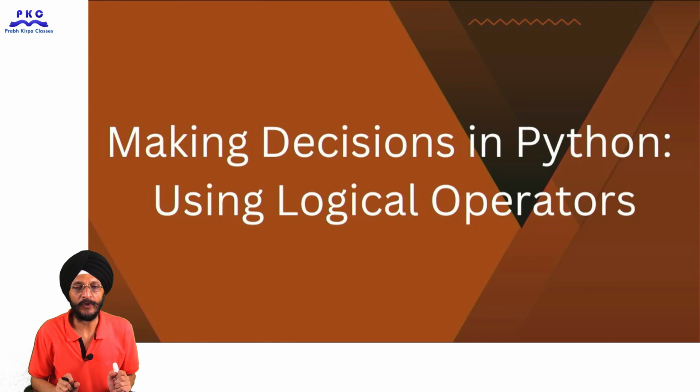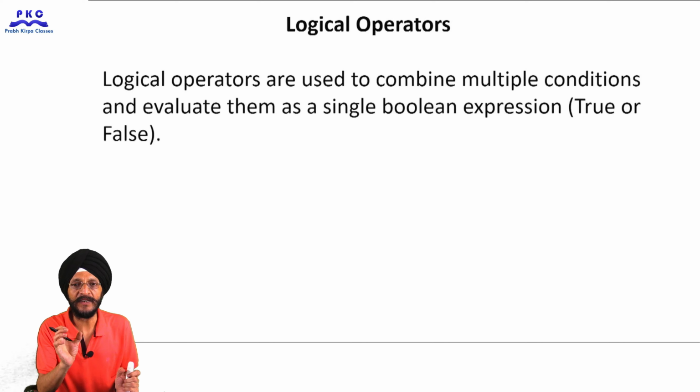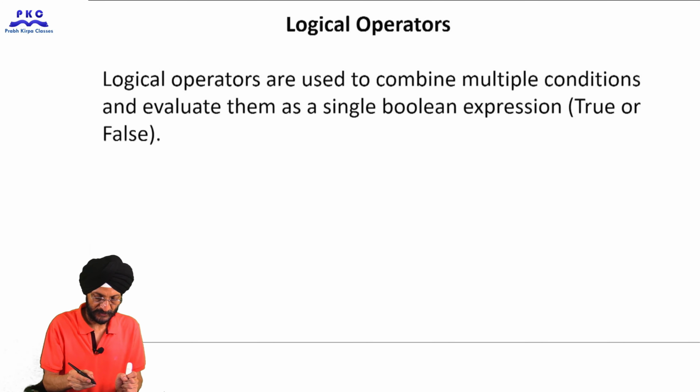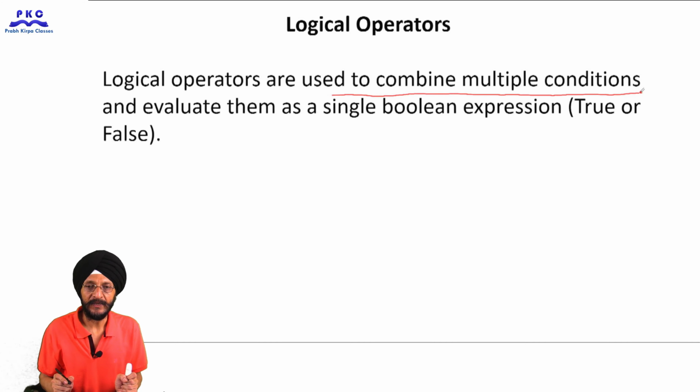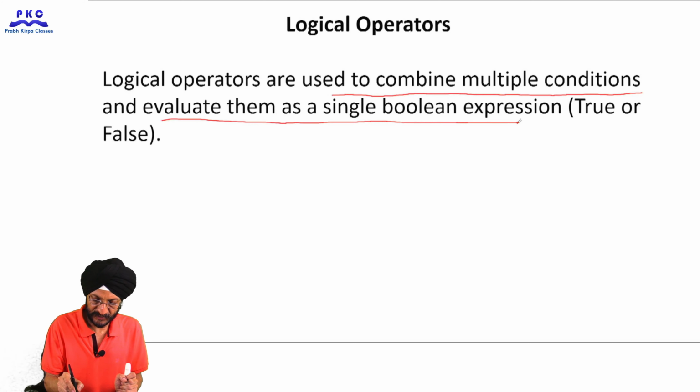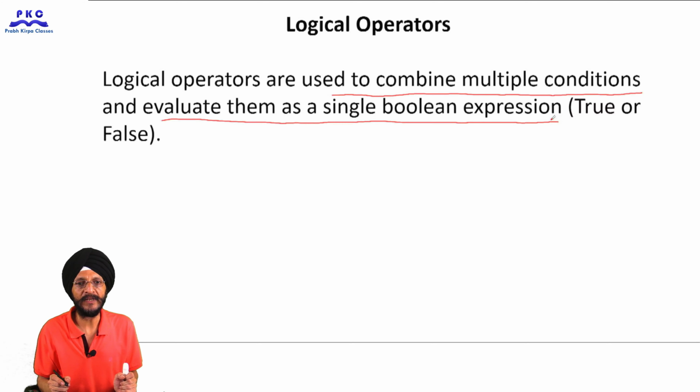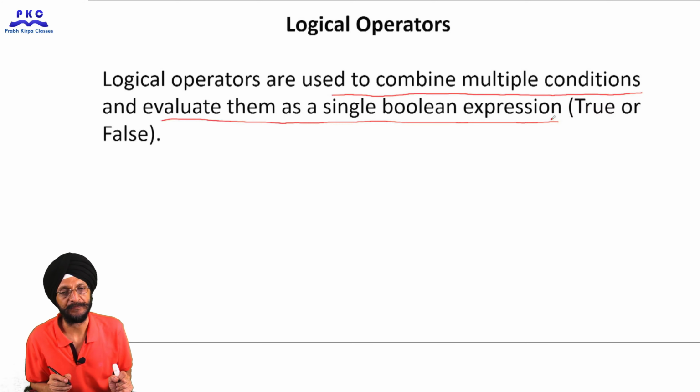Now the topic before us is making decisions in Python using logical operators. First, what is the meaning of logical operators? Logical operators are used to combine multiple conditions and evaluate them as a single Boolean expression, true or false.